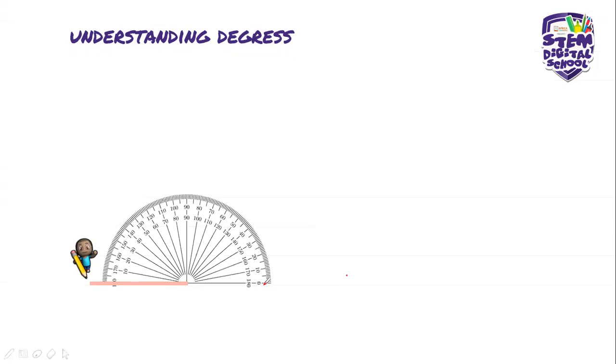Now we see we are moving in this direction, and we are starting at 0. So if I tell you to turn 30 degrees, we will find 30 on our compass over there, and then we will turn 30 and then draw a line. If our artist draws a line, then that's what the line will look like.